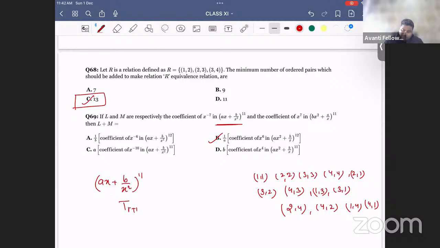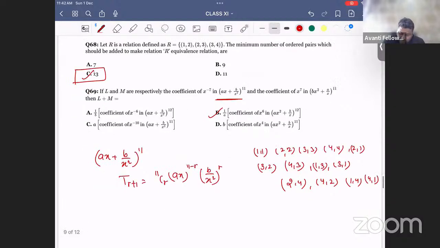General term will be 11Cr (ax)^(11−r) (b/x²)^r. Got it? So it is 11Cr a^(11−r) b^r x^(11−3r).